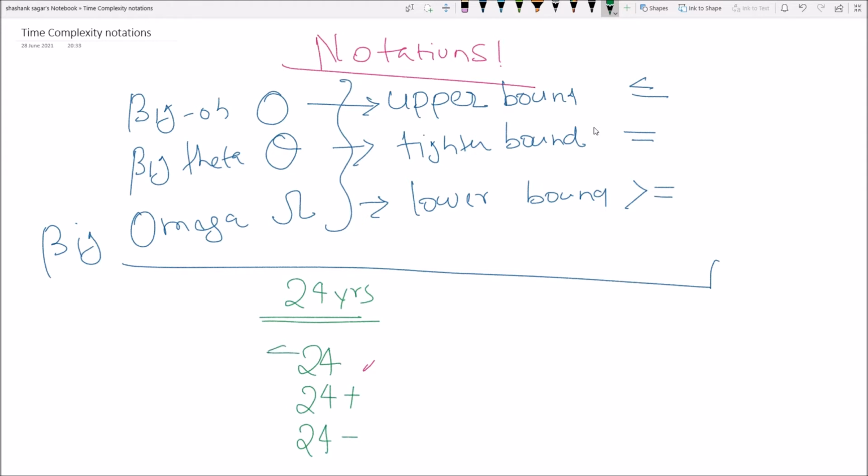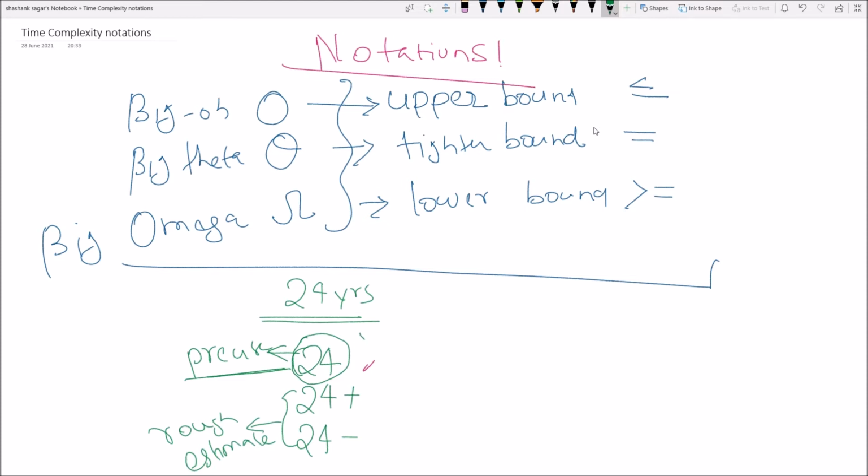As you can see here, the first one is precise. If I ask someone his or her age, I will be expecting a precise answer. I will not be expecting these other answers, and these are rough estimates.